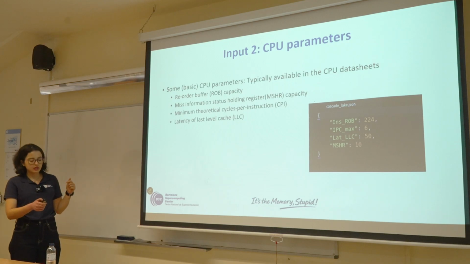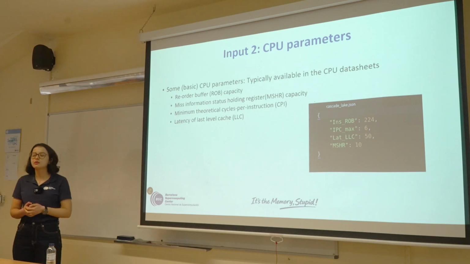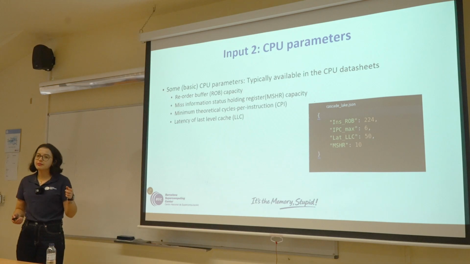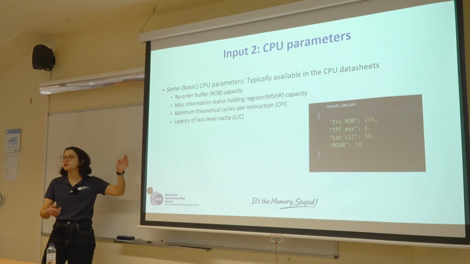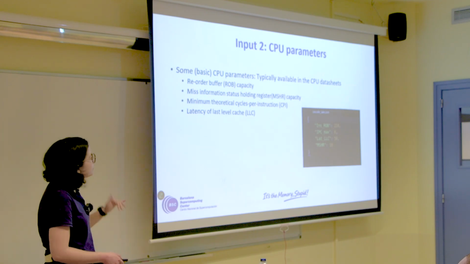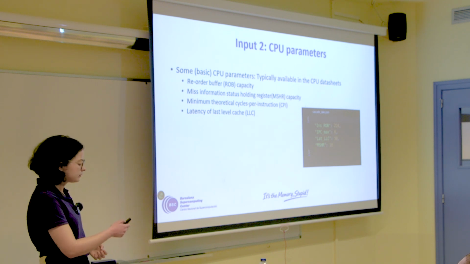Most of the parameters you can get from vendor spreadsheets, for example, or for some of them you can measure. You can measure the latency of the last level cache using a pointer chase, for example. You can measure some of them, and the others you can find in documentation.